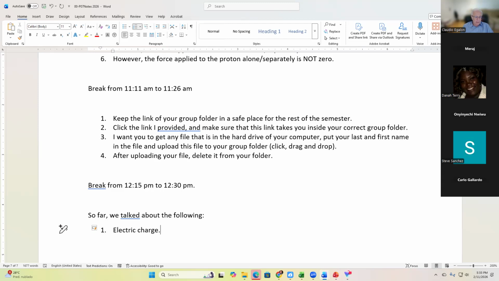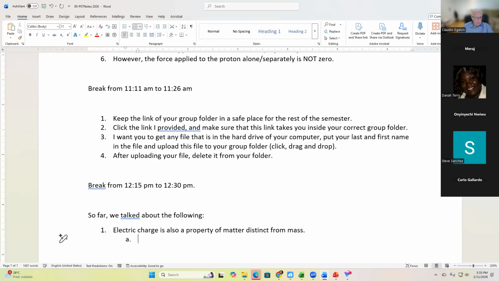So electric charge is also a property of matter, distinct from mass. Keep this idea in your mind. Electric charge can be either positive, negative, or neutral, 3 types of charge.